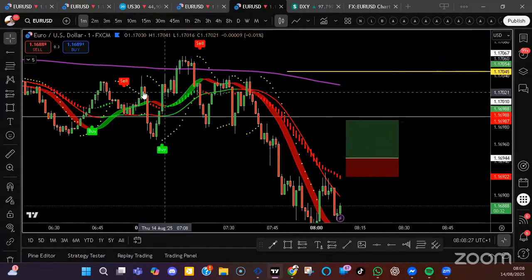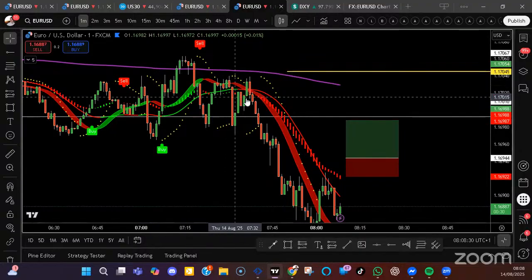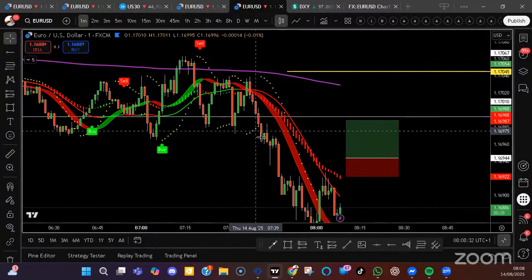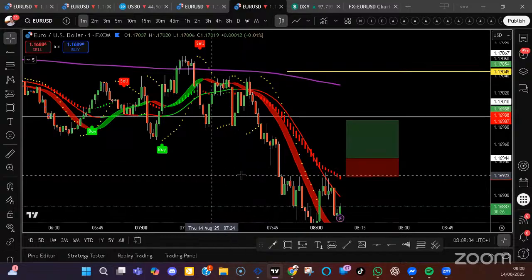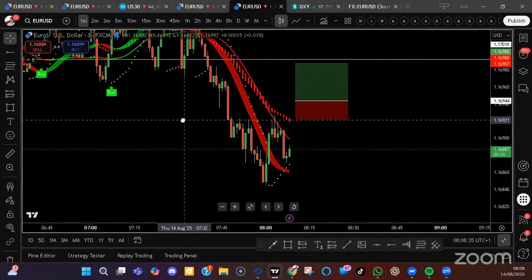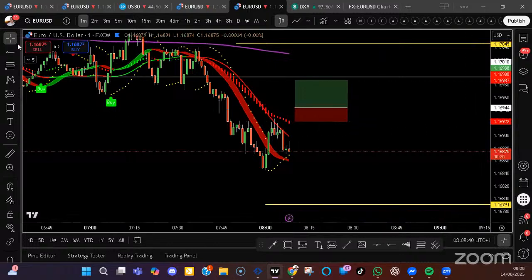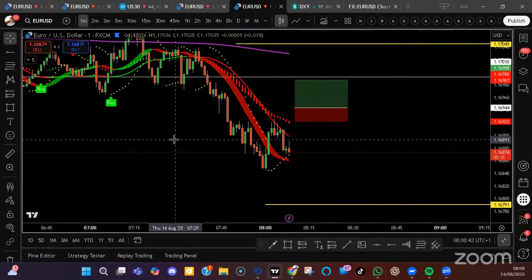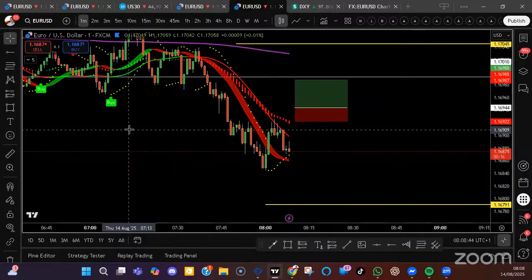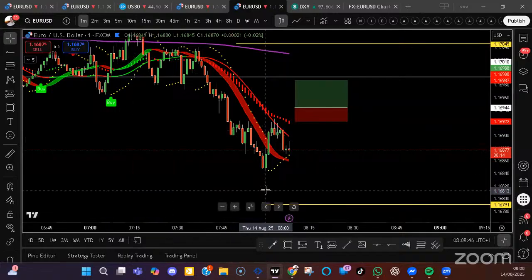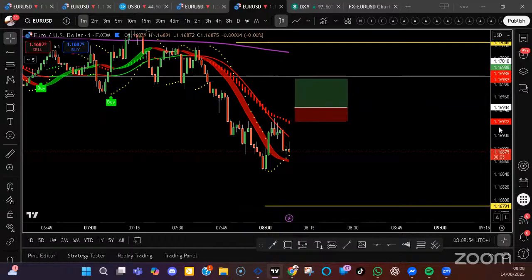And think, do I really want to be caught trading in this scenario here? Or shall I wait for a better opportunity either on EUR USD or later on in the afternoon on US 100? And it's down to you to determine that scenario.